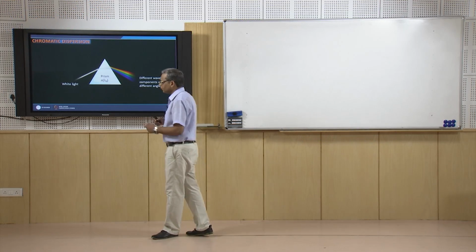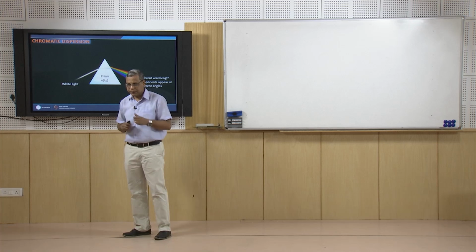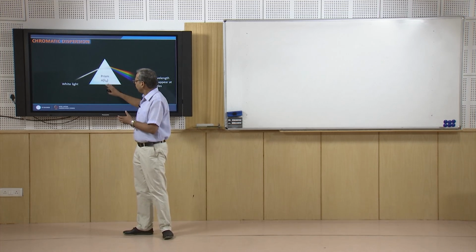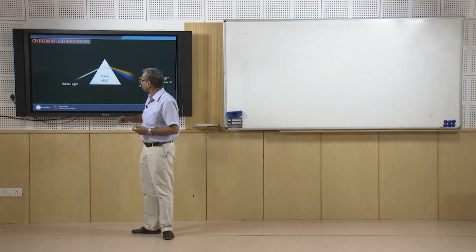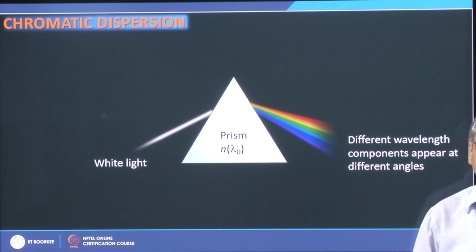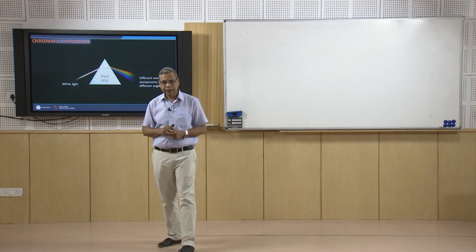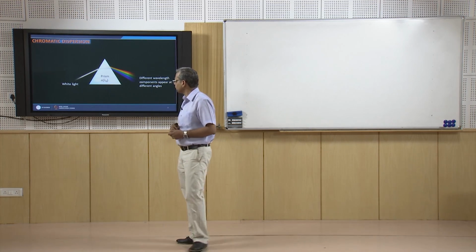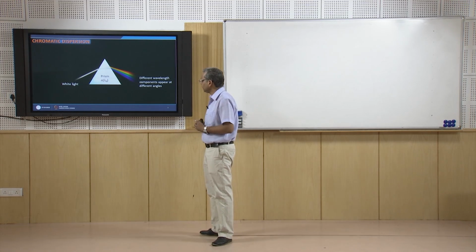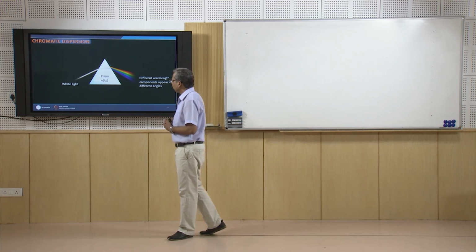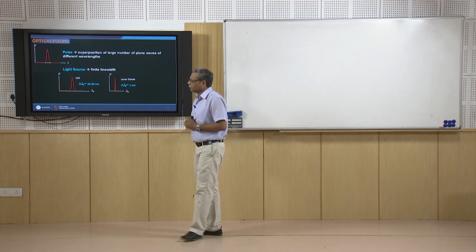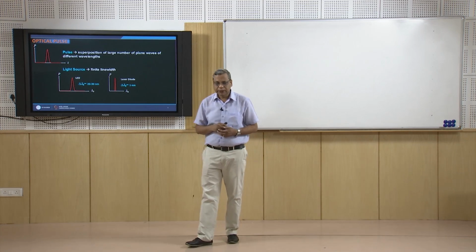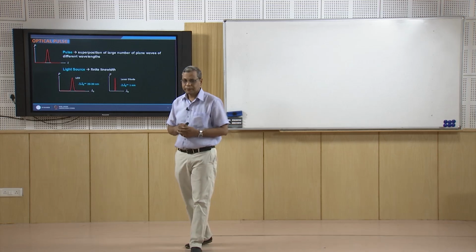Now, if I have a fiber made of glass, then the fiber material also has this characteristic. The refractive index of the material at different wavelengths is different. What would be the implication of that? For that, let me first look at how I transmit data in an optical fiber.